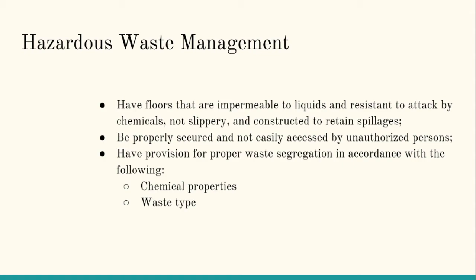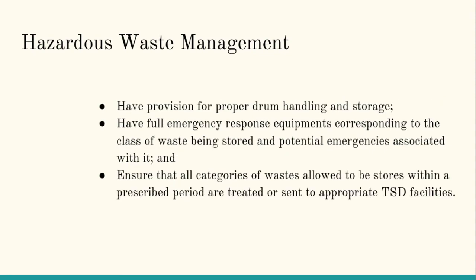Waste type. Hazardous waste shall be segregated from low-level radioactive, mixed, healthcare, and non-hazardous waste. In addition, solids, liquids, and gases shall be placed in separate containers and kept in separate spill containment areas. Have provision for proper drum handling and storage.